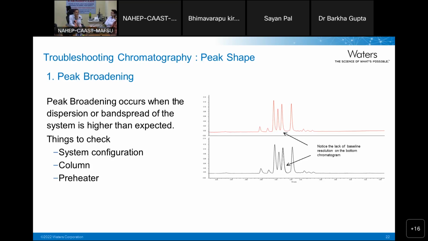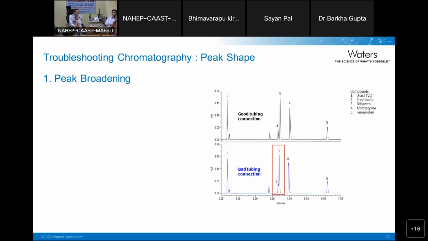Like in the next example, only one peak is getting merged with some other peak. Again, the solution itself is written there. When you are changing the column, the tubings which you are connecting to the column can also contribute to this sort of problem.